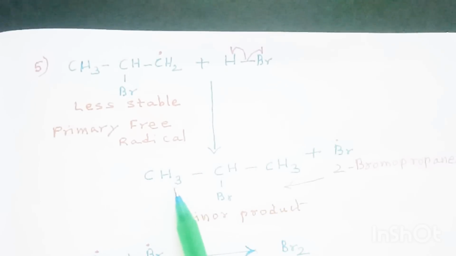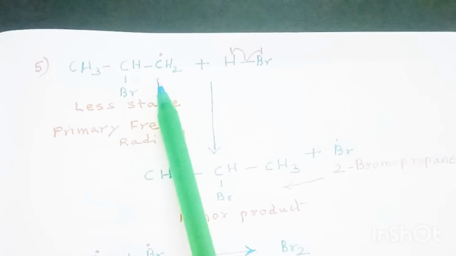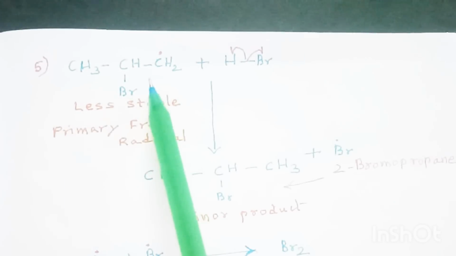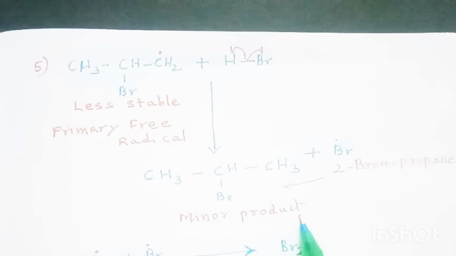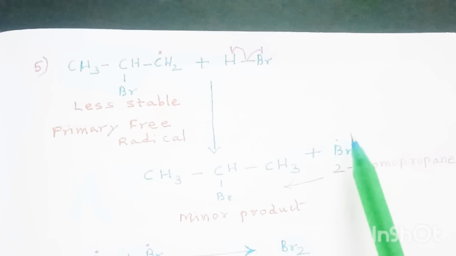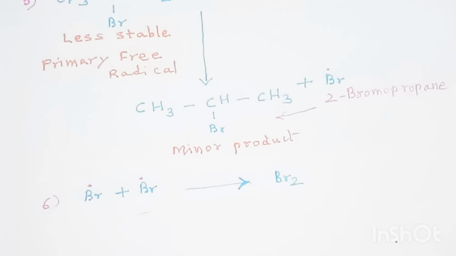So we get CH3CHBrCH3. This is the minor product because it is formed from the less stable primary free radical. So this is 2-bromopropane. This is the minor product and the bromine radical is left out. In the last step, 2 bromine free radicals will combine to form a bromine molecule. So this is the anti-Markovnikov rule.